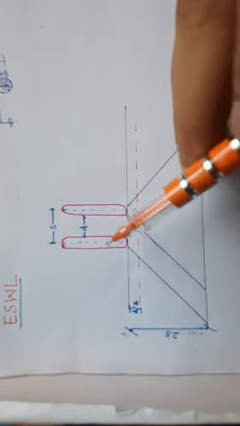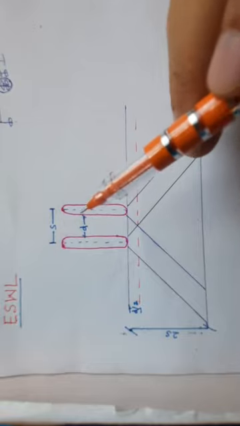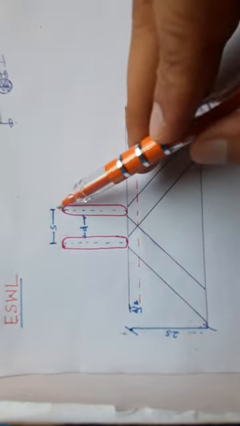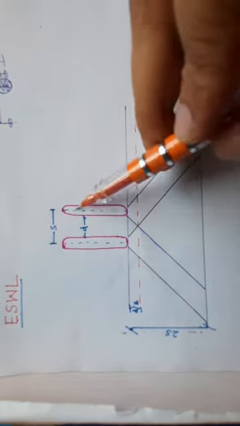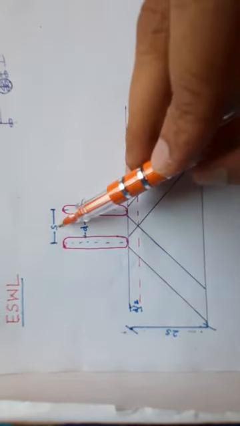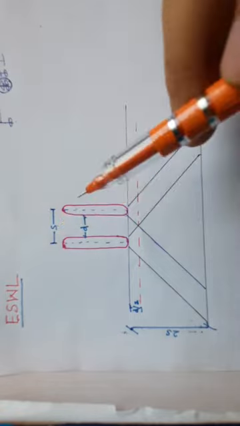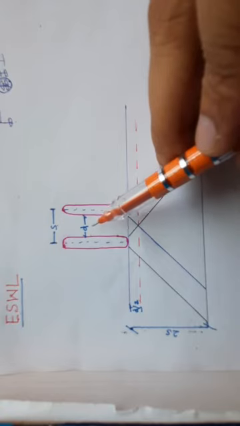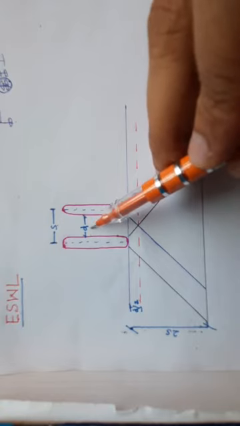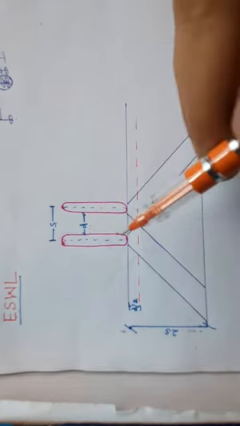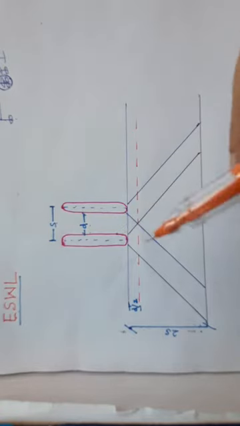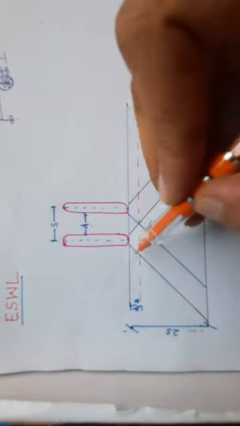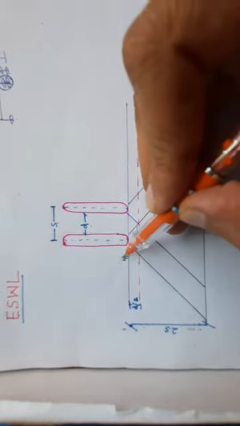This is what the figure shows, where S is the spacing between the centers of the two wheels, and the clear gap between the inner sides of the two wheels is denoted as D. In order to simplify the analysis, the load distribution is assumed to happen at an angle of 45 degrees.